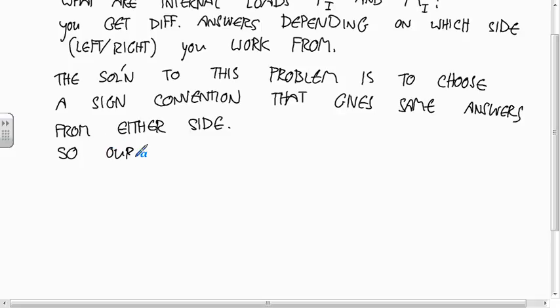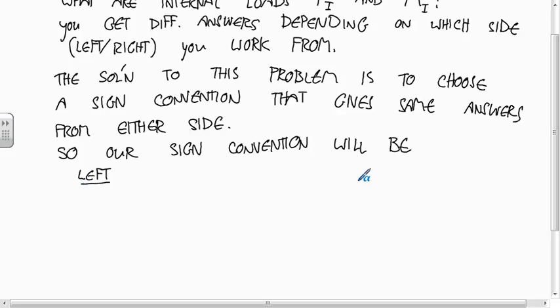So our sign convention is going to be this. If you're working from the left, the horizontal component of the internal force that's applied by the fixed joint between the two parts is going to be represented as pointing out of the cut toward the right.